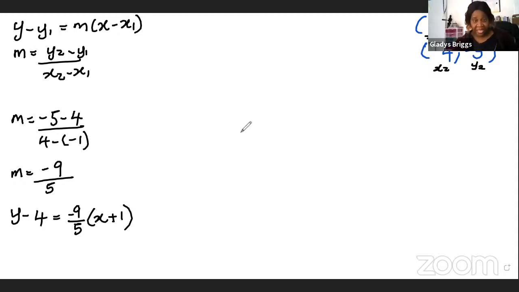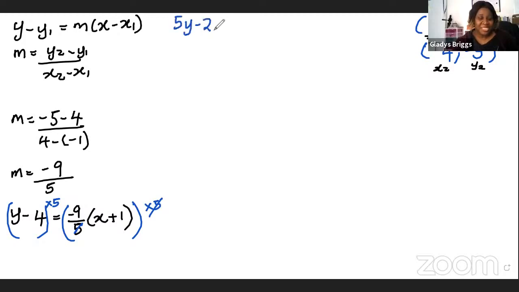And then from there you have to get rid of this 5 here. I times both sides by 5, times this by 5, and times this by 5, yeah? And this 5 cancels this 5. What I didn't do was 5y, I did y minus 20. I didn't do 5y minus 20, and that was my mistake. So 5y minus 20 is equal to -9 times x plus 1.